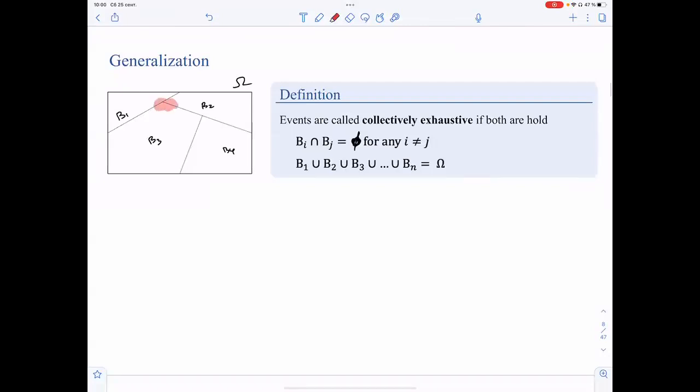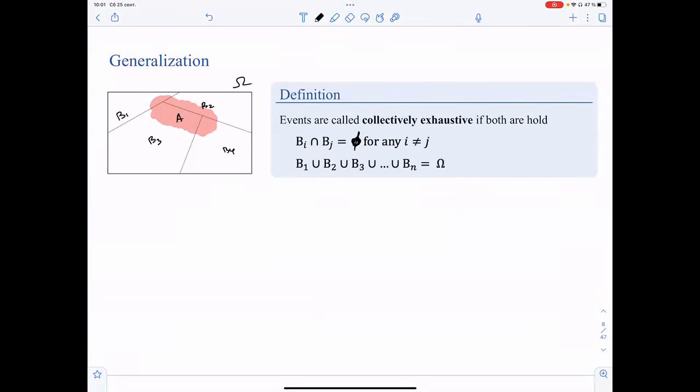And then someone tells you that there is an event A, and here I presented it with the red color. So what I know here is the following: the event A intersects with all of these sub-events B.